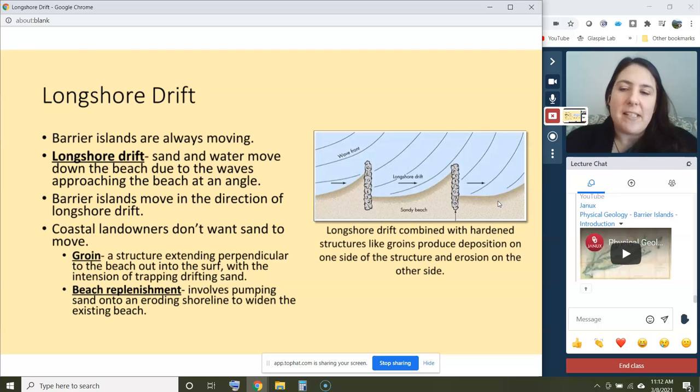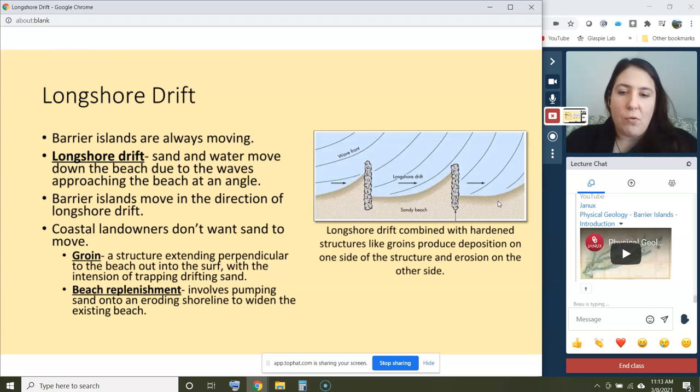And that means that barrier islands also move in the direction of longshore drift. They're moving both laterally, along the shore, and they're also moving inland, towards the shore, because of overwash.